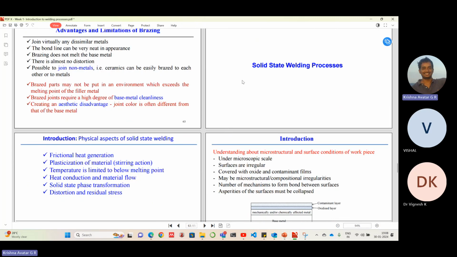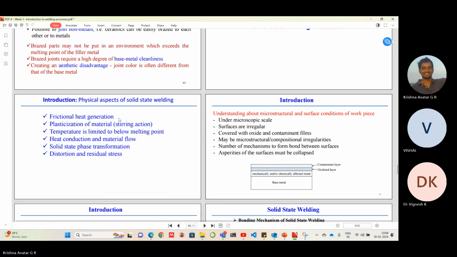Now we come to the last part of our review session here, which is the solid state welding processes. The physical aspect of solid state welding is frictional heat generation. As I mentioned, it is mainly because of the heat generated due to friction as one surface rubs against the other surface, at a very high pressure or by some other mechanism, because we need to create a high force to actually affect the process.